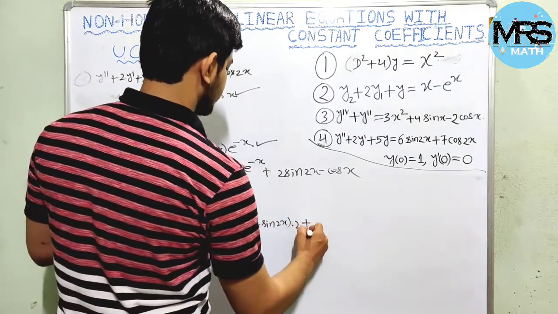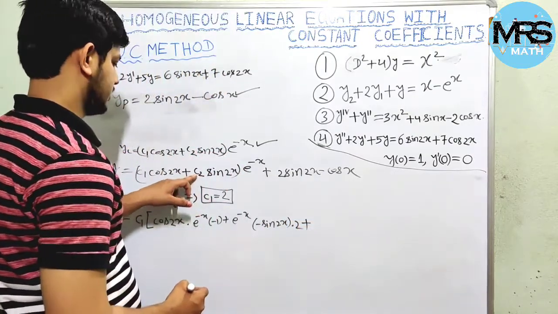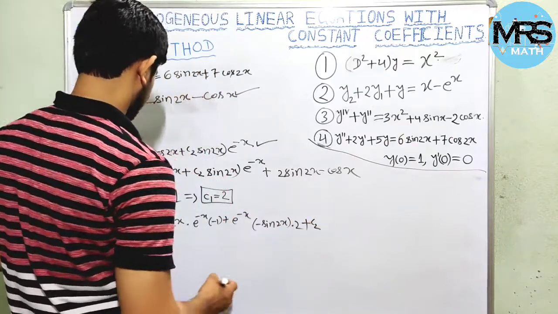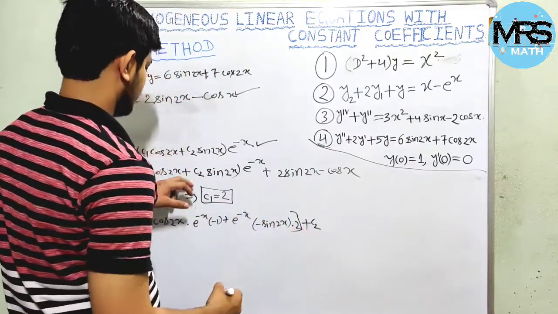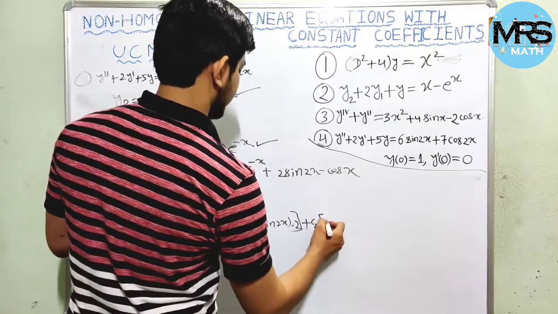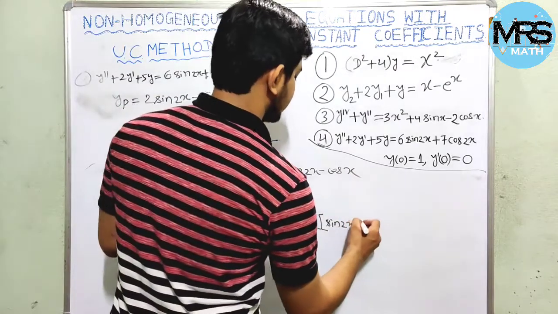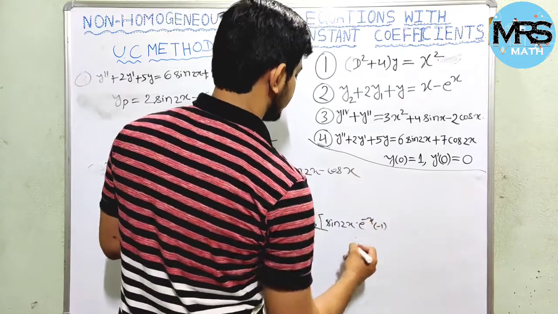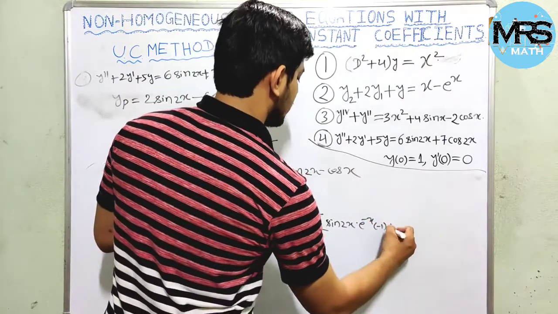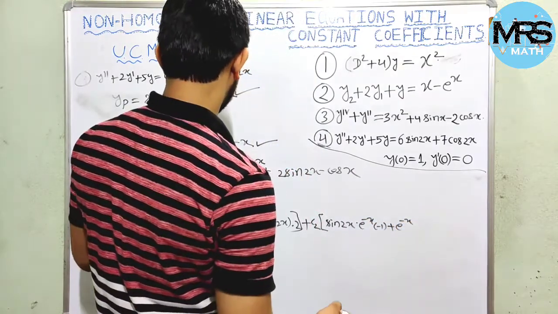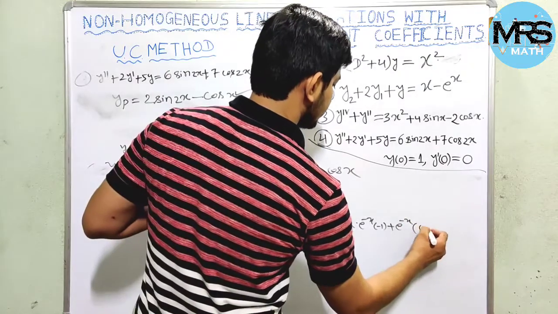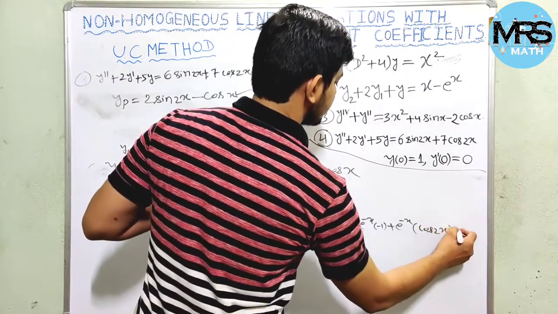Now come to this one, that is c2. Okay, c2 is there, so we can write sin 2x into e to the minus x, derivative is e to the minus x into minus 1, plus e to the power minus x into sin 2x, derivative is cos 2x into 2.